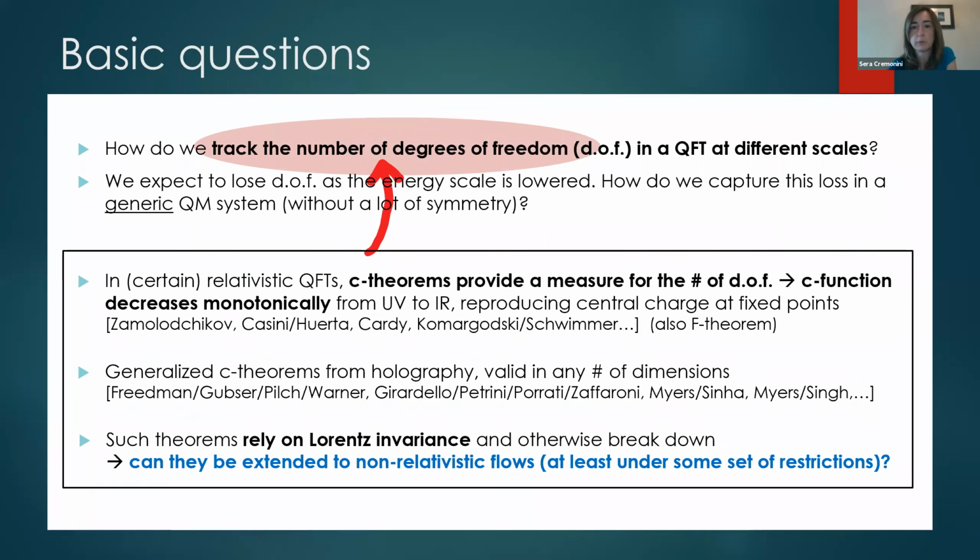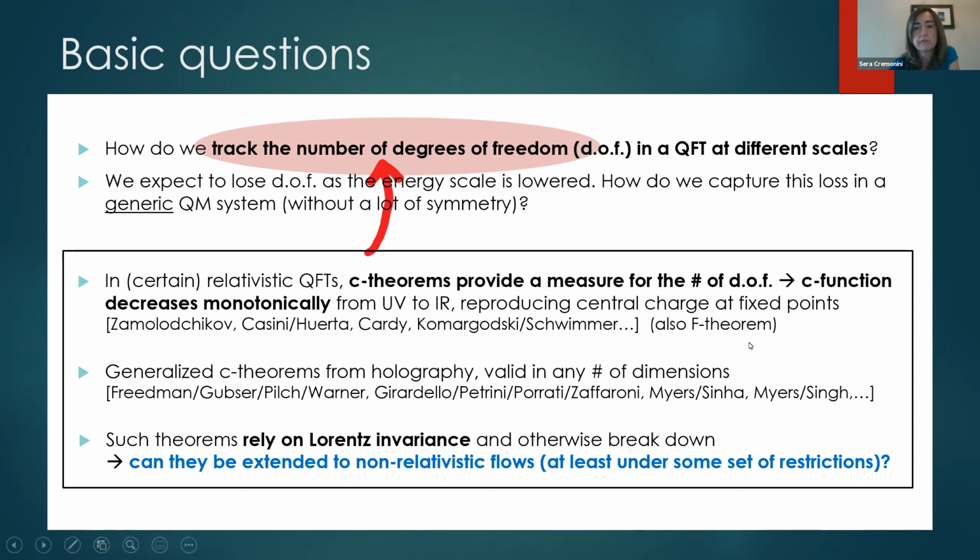So imagine you have a flow between two CFTs. If there's a function that interpolates monotonically between the central charges, that can capture the change in the number of degrees of freedom. And I'm sure most of you are familiar with the history of this work, various conjectures, and cases in which it has been proven.